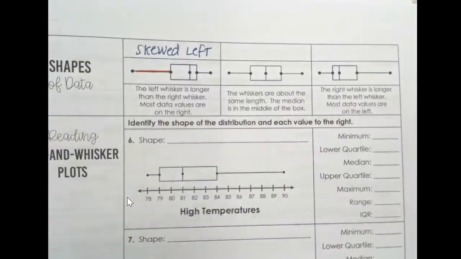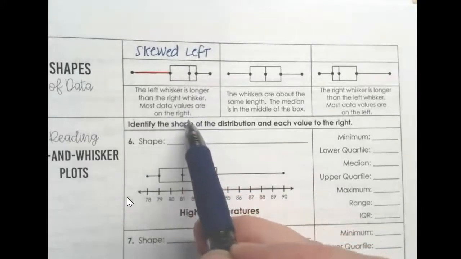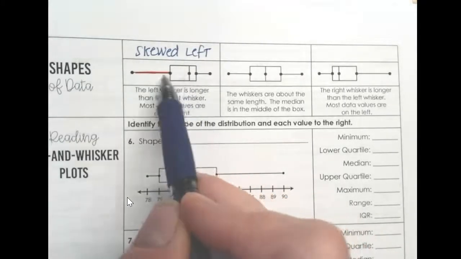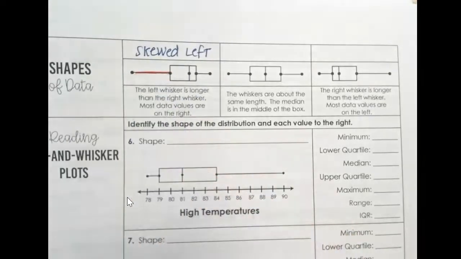Knowing the shape of the data helps us understand a little bit more information about it. So we want to be able to identify a shape. The left whisker is longer, but most of the data values are high. You just had a couple that are down low that maybe pulled you off over this way. So that's called skewed left.